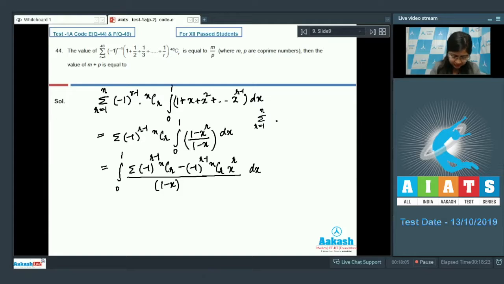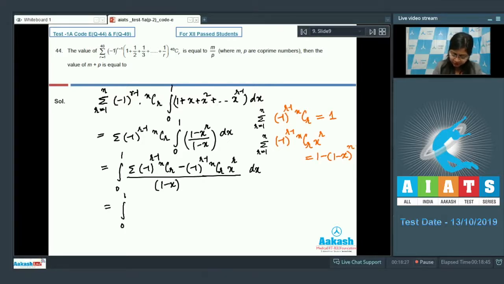Now summation r going from 1 to n of minus 1 raised to the power r minus 1 into nCr is equal to 1, and the value of summation of minus 1 raised to the power r minus 1 into nCr into x raised to the power r is equal to 1 minus (1 minus x) raised to the power n. So putting it here, we will get it equal to integral from 0 to 1 of (1 minus (1 minus x) raised to the power n) upon (1 minus x) dx.